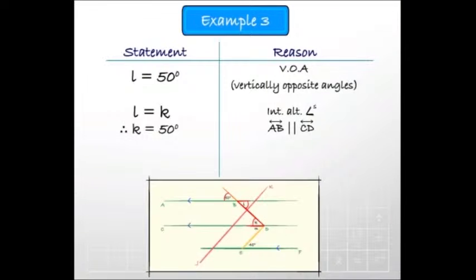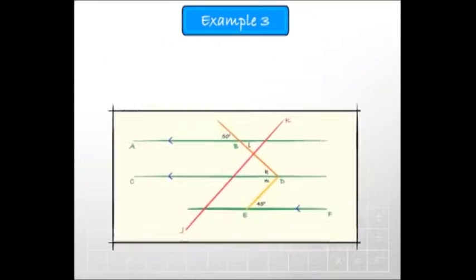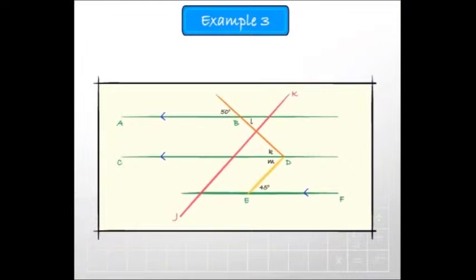Finally, all that we have to do is determine the magnitude of angle M. Now, if you look at angle M and then you look at the 45-degree angle, you should notice that we have almost a Z shape that is formed there. Also, you can see that the lines CD and EF are parallel, and that line segment ED acts as a transversal.